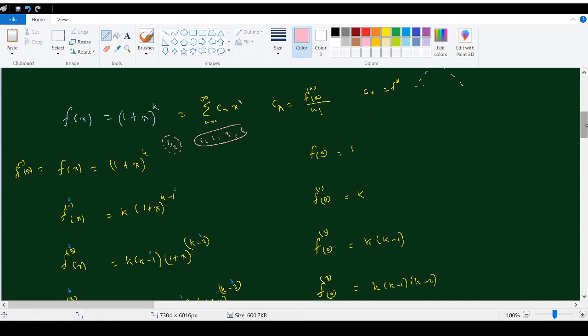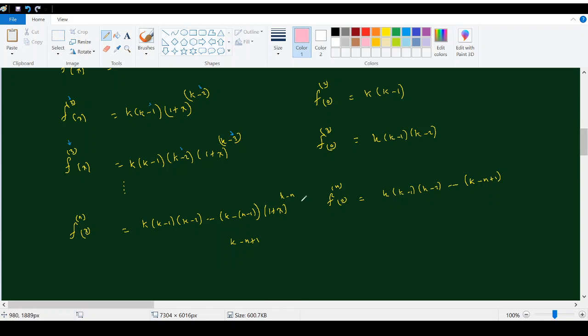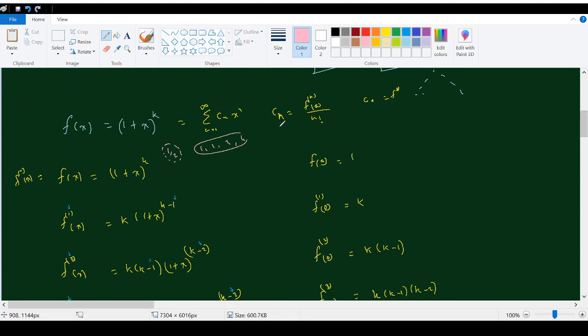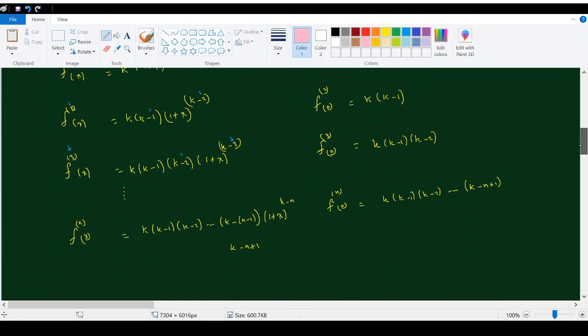Okay, so now we have figured out a certain pattern for the nth derivative of f evaluated at 0, right? So our Cn coefficient will follow this equation.